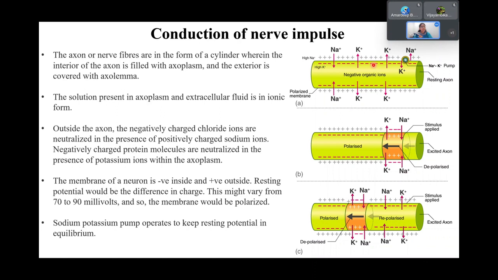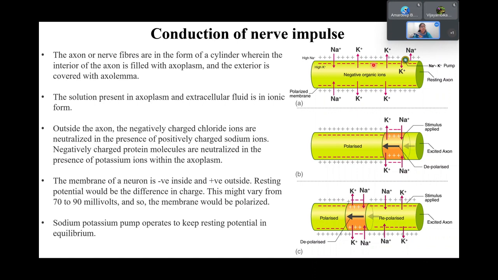That difference is somewhere around 70 to 90 millivolts. So that is the resting potential, 70 to 90 millivolts is what you will see in the membrane at rest, and it is still polarized because there is a certain negative charge to it, right? And you have the sodium-potassium pump, which, as the name suggests, is involved in the movement of sodium and potassium across. They keep this movement, or the overall electrical charges, at equilibrium.